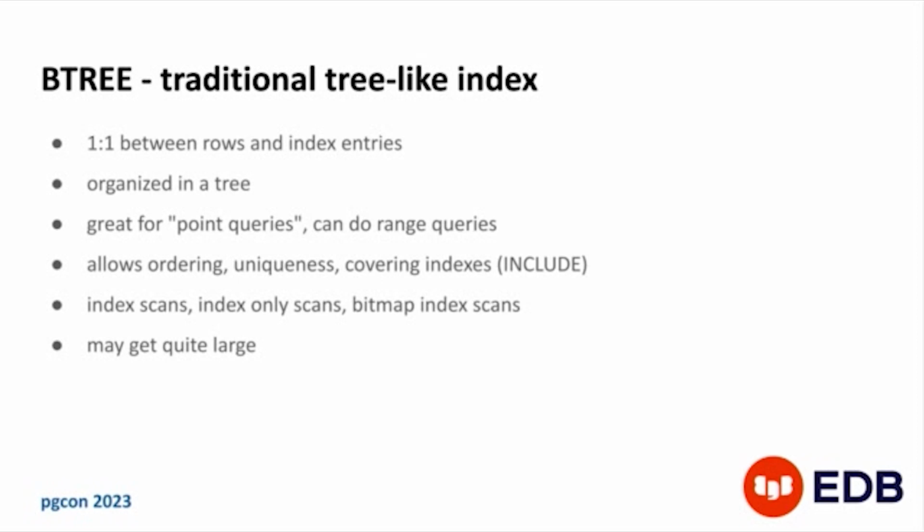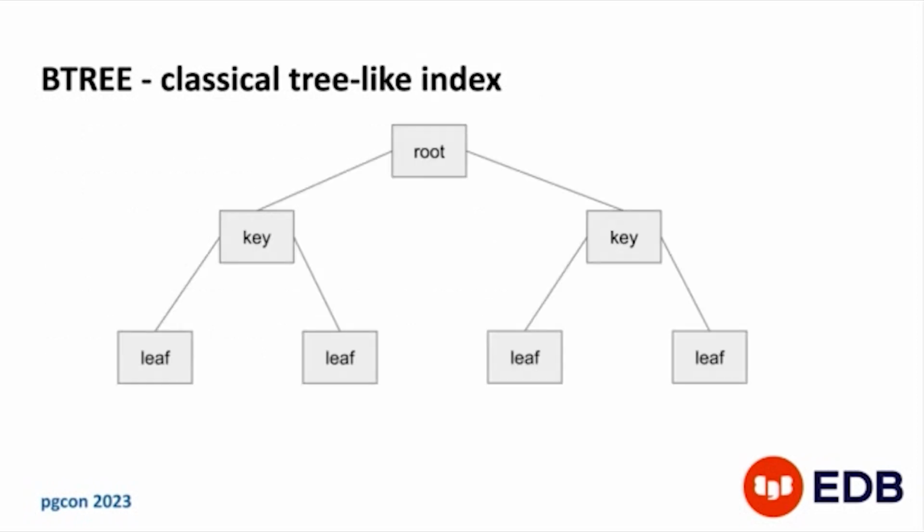And they support all possible execution strategies like index scans, index-only scans, bitmap index scans, and so on. But the main problem with BTREE indexes is that because they are one-to-one mapping, they can be quite large, right? So for example, you can have a terabyte table, and the index on the primary key can be like 100 gigabytes, right? So that's a disadvantage.